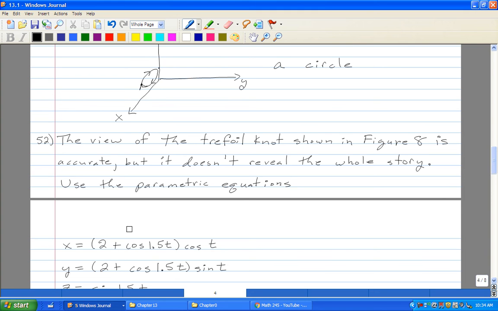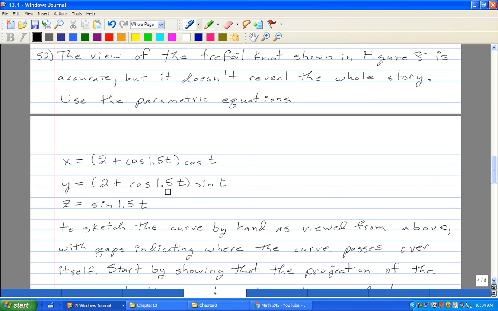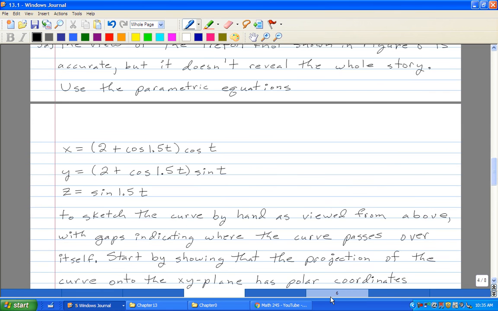Exercise 52. The view of the trefoil knot shown in figure 8 is accurate, but it doesn't reveal the whole story. Use the parametric equations x equals 2 plus cosine 1.5t all times cosine t, y equals 2 plus cosine 1.5t all times sine t, z equals sine 1.5t, to sketch the curve by hand, viewed from above with gaps indicating where the curve passes over itself.